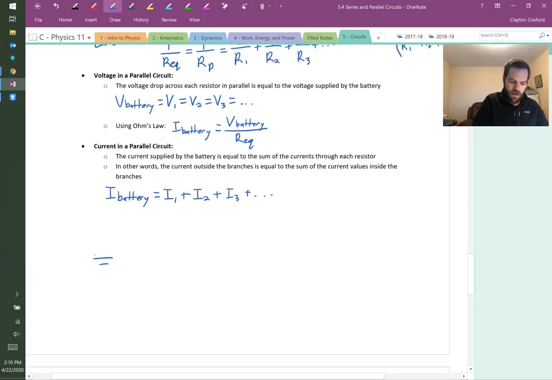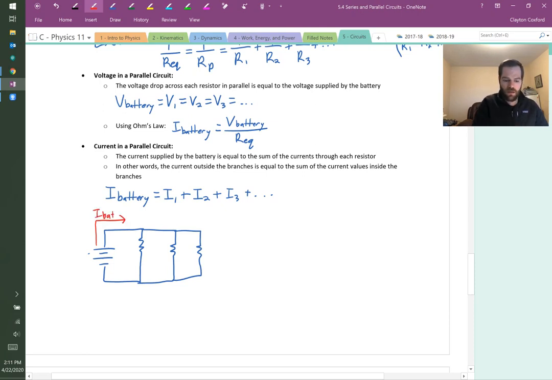Let's draw a little diagram and see what that looks like. Here's 1, 2, 3 circuit elements. And we have the current flowing out of the battery. All of that flow is going to hit this first junction here, and it's going to split off.